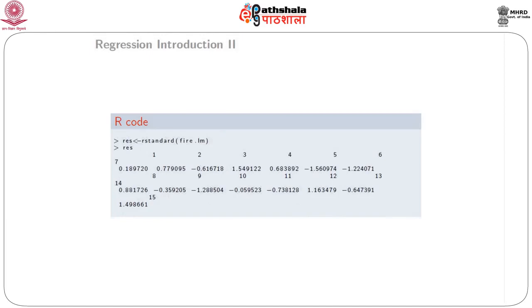Finally, we can actually obtain the standardized residuals for the object of lm. So, in order to do that, we have used the rstandard function in R and obtained the residuals, which is nothing but the difference between the actual observation and the observations that we have obtained by plugging in the values of x into our fitted regression line.